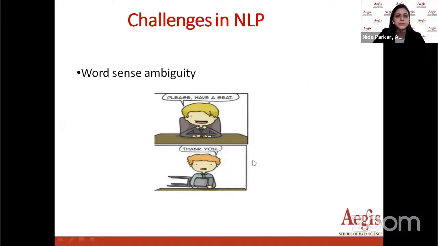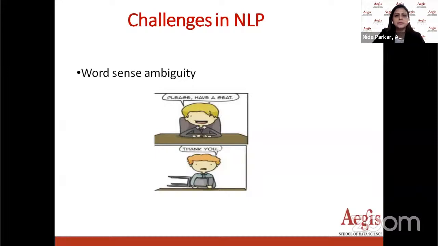That means you are telling the person to sit down on the chair. It doesn't mean that you can take the seat along with you. So yes, there are some word sense ambiguities that NLP is not able to determine. But with a lot of new language models coming in, which are trained on very high parameters, they are able to handle this as well to some extent.